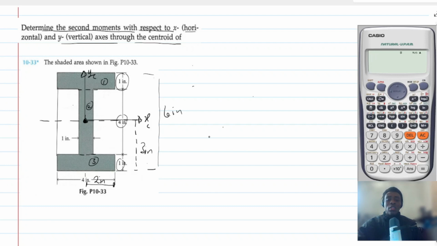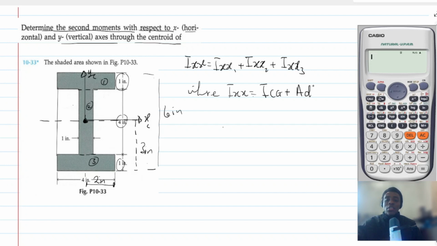Starting from the first area, Ixx is going to be Ixx1 plus Ixx2 plus Ixx3, where Ixx is given by Ic plus Ad squared. This is what we call the parallel axis theorem.